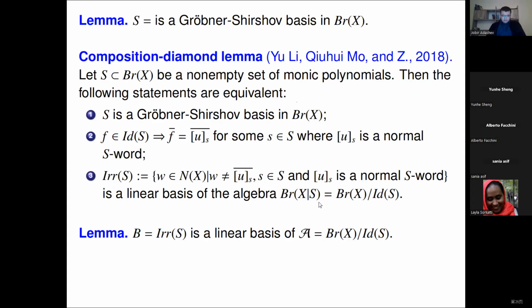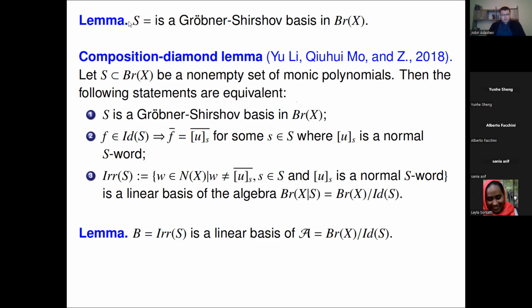And by the composition diamond lemma, which says if we have a subset from the free brace algebra satisfying some Meyer conditions, then the following three statements are equivalent. Here we need the equivalence between the first and the third one. The first one, S is a Gröbner-Shirshov basis.